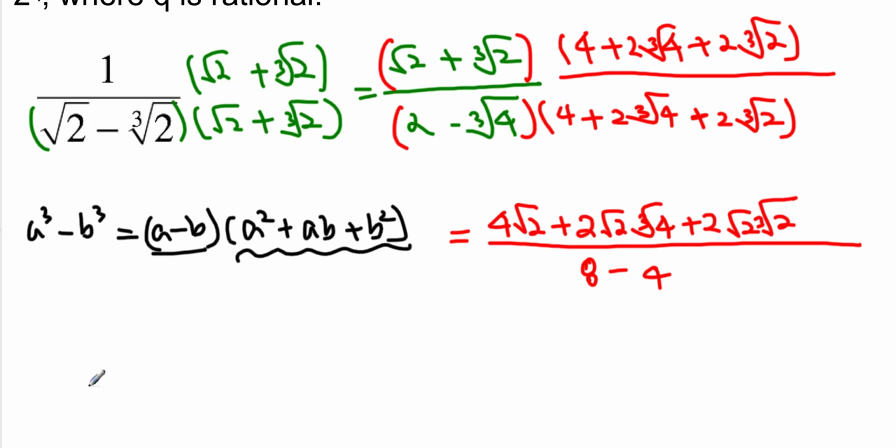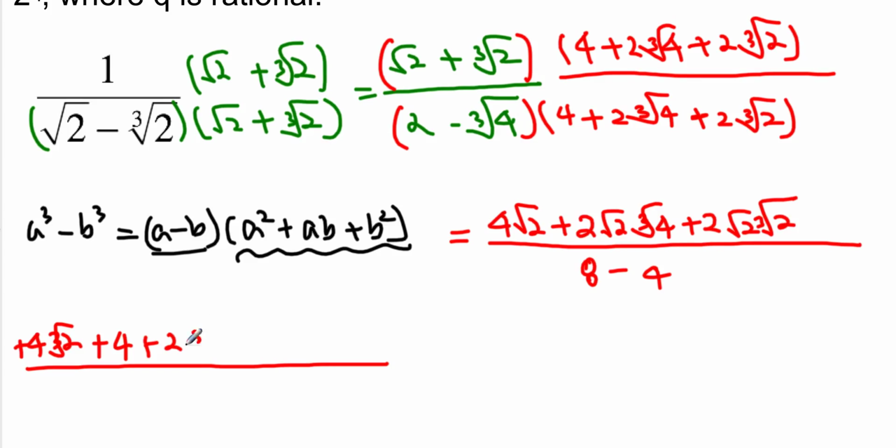Then it becomes a little bit long here. So I get 4 times cube root of 2. Next one is cube root of 2 times cube root of 4, which becomes cube root of 8. But cube root of 8 is 2, so 2 times 2 becomes 4. Now the last one becomes 2 plus 2 cube root of 4.